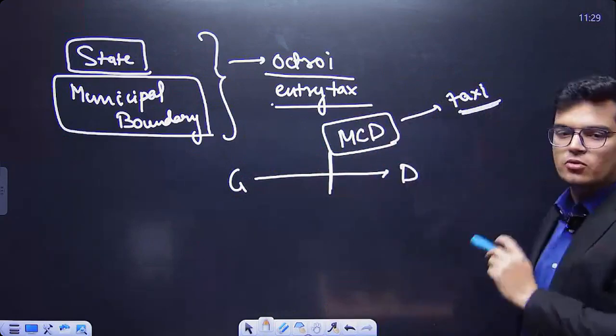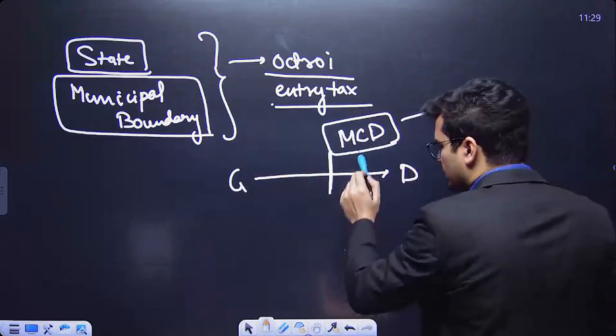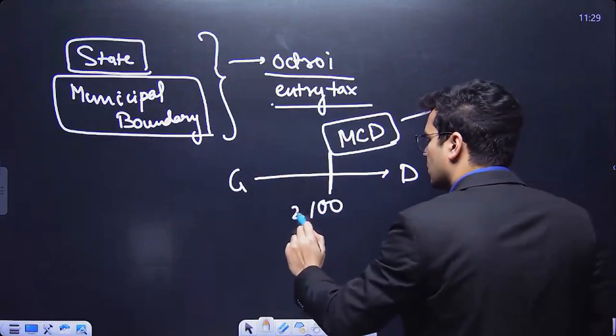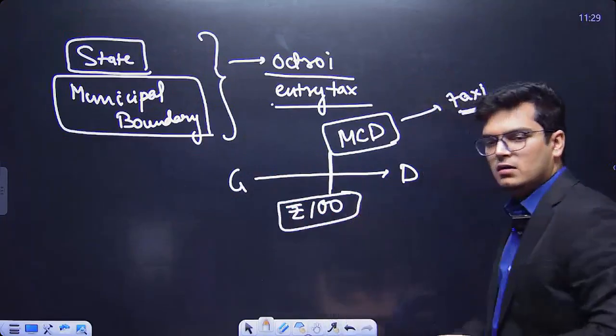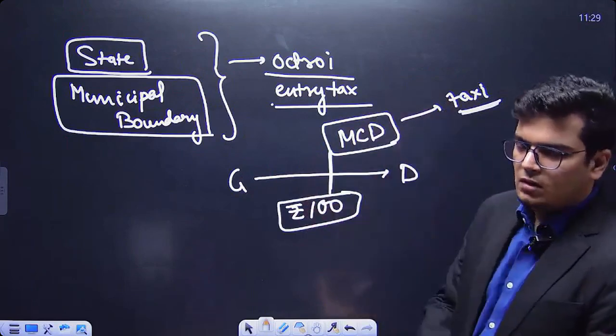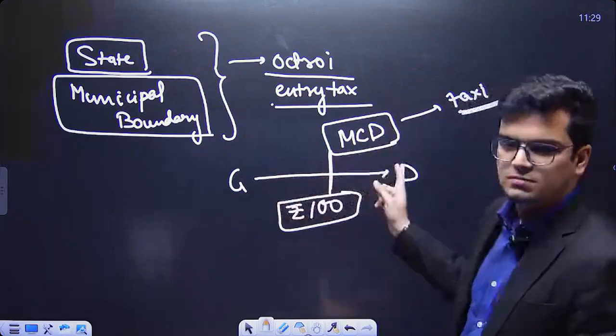Whoever changes this boundary will give to MCD, this municipal corporation, rupees 100. You will give rupees 100 to MCD once you change this boundary.